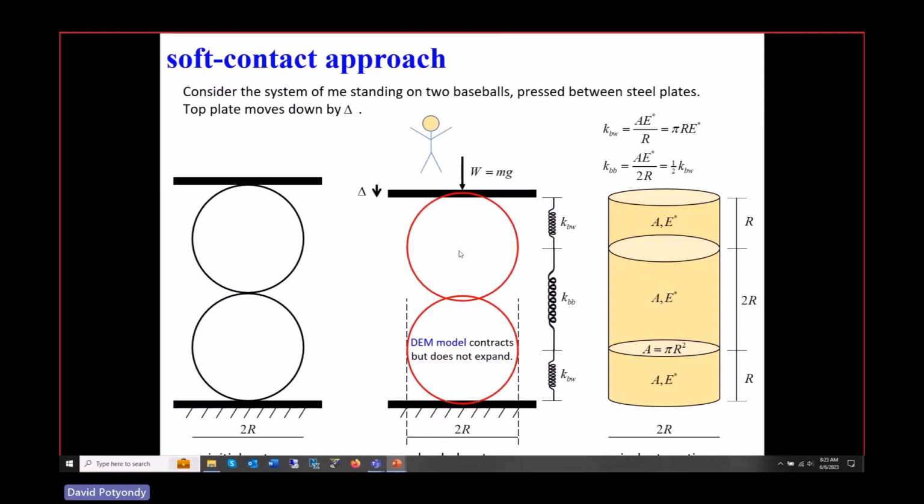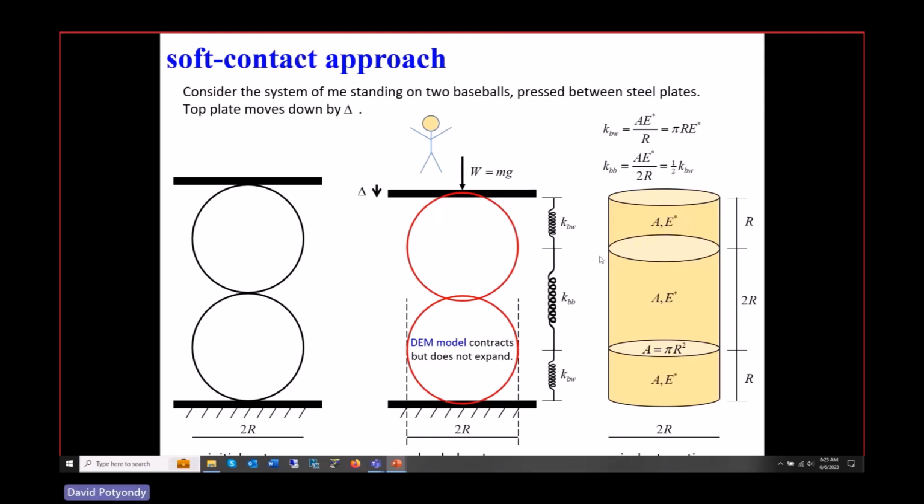This cylinder goes from the center to the center. This cylinder has a cross-sectional area A, and it has what I'm going to call an effective modulus. What we're going to be able to do is relate this stiffness to this effective modulus.